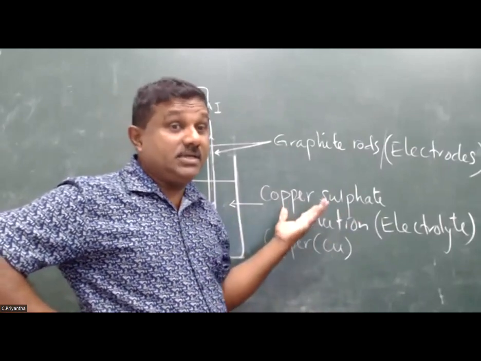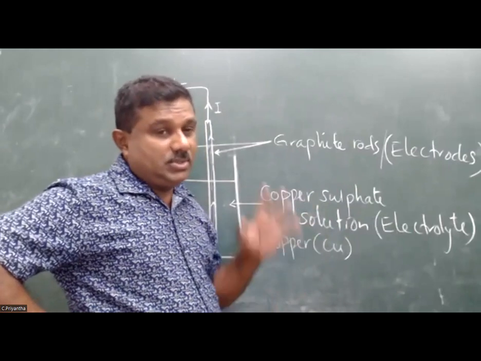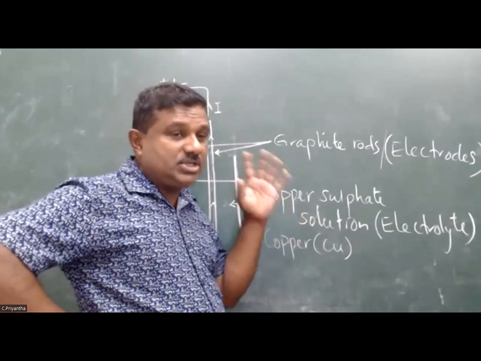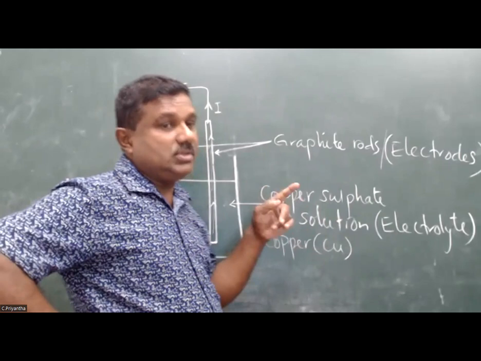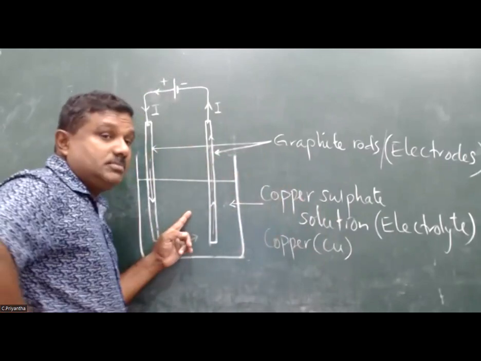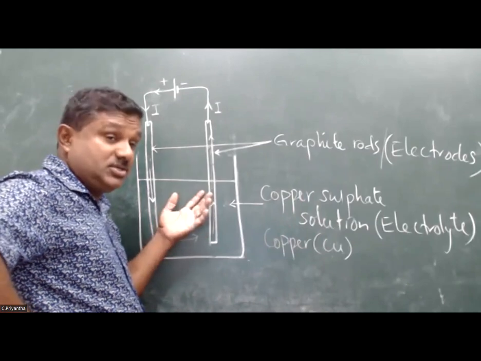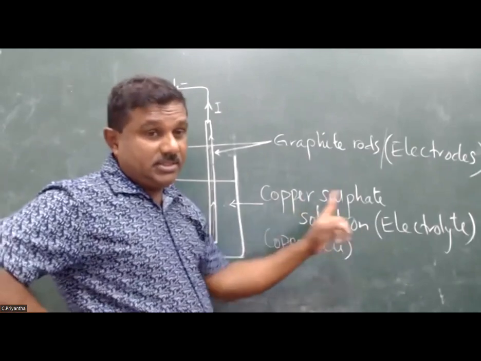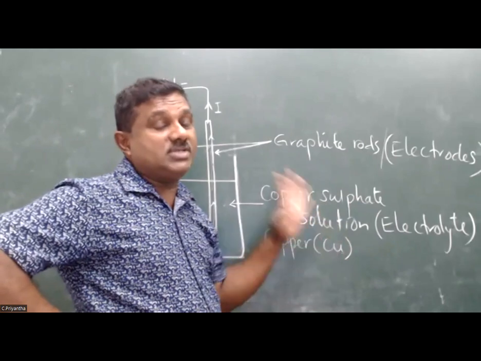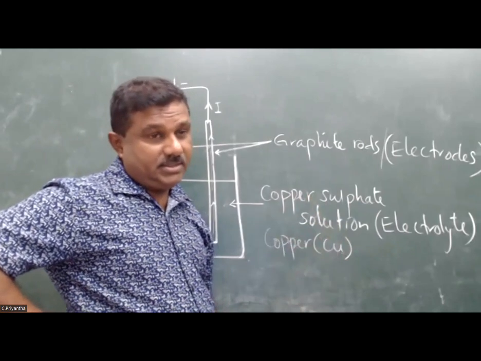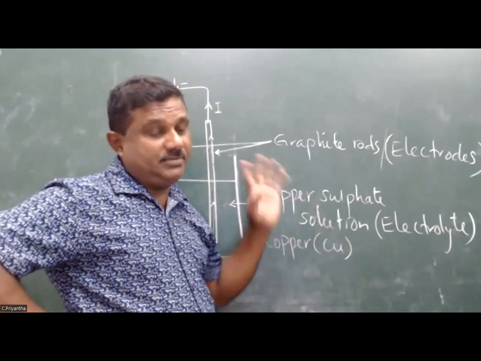They are different conductive solutions. Those conductive solutions through which electricity passes, which are subjected to chemical changes, are electrolytes. The electrolyte used here is copper sulfate.